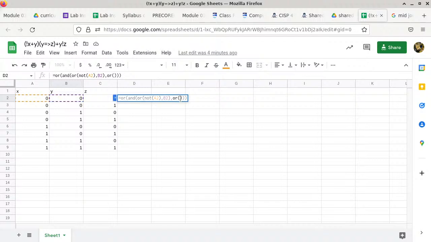And then the other or is the mysterious one, because I need to somehow express, what was it, y implies z. Y implies z is exactly the same thing as not y or z. Let me say that one more time. Y implies z is exactly the same thing as not y or z.